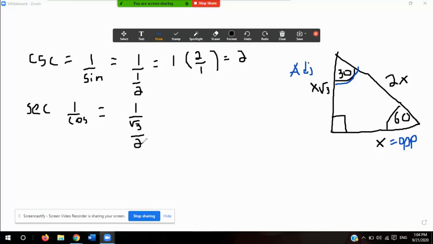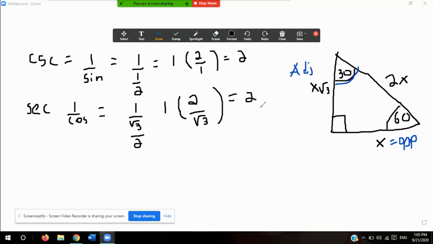And remember, I'm going to multiply by the reciprocal. So I'm going to multiply 1 times 2 over the square root of 3, which is actually going to be 2 over the square root of 3.